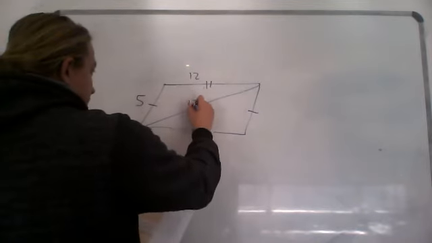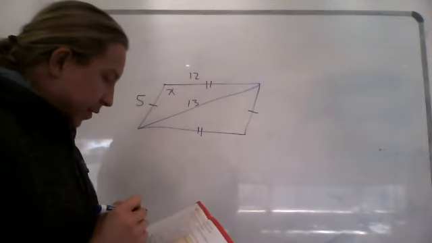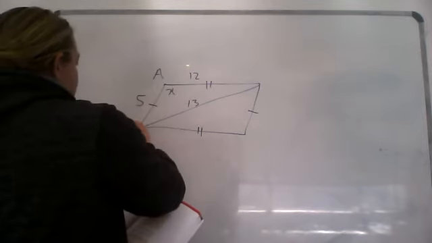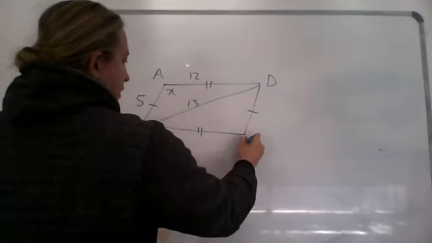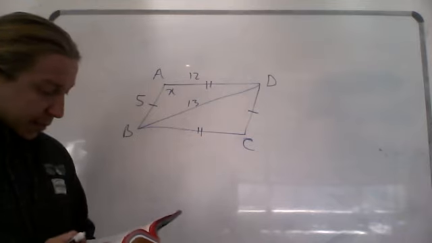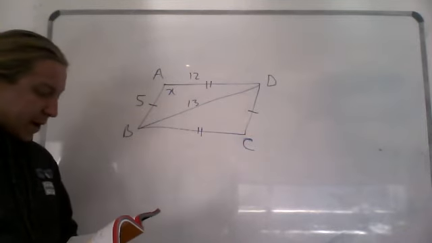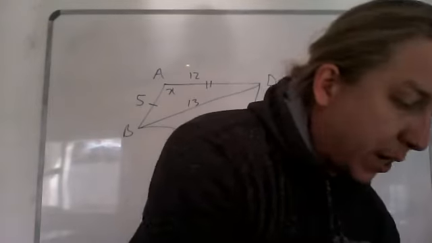The diagonal is 13. And this angle is x. Okay, this thing is called ABCD. Right, so that's the information they give us. They want us to find the missing values, and they want us to classify this quadrilateral.